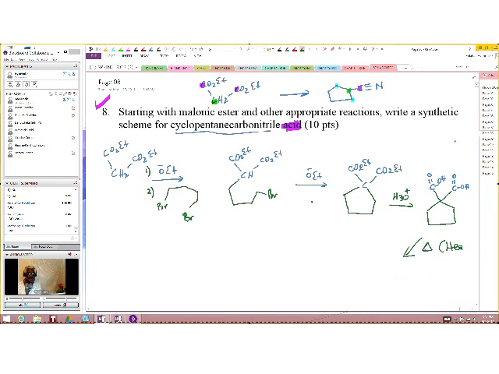And that will give us the monocarboxylic acid. Let us be consistent here. Use a green pen.